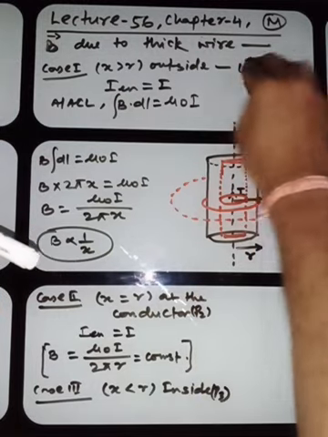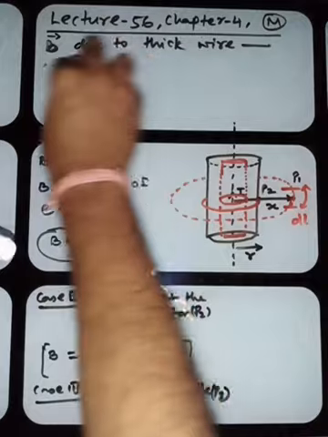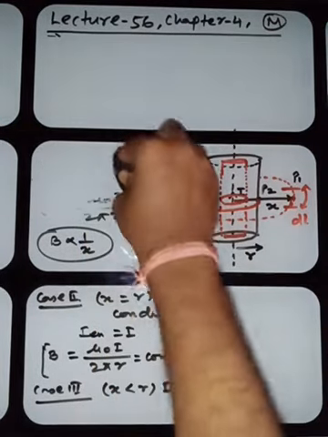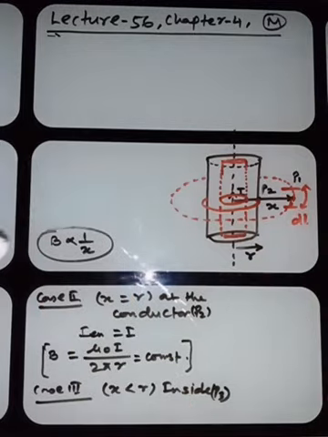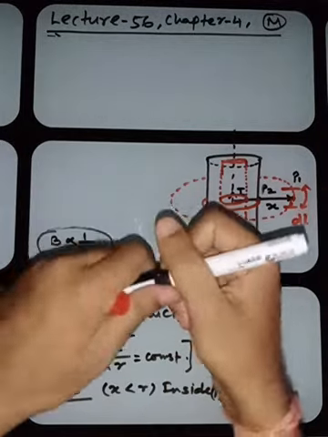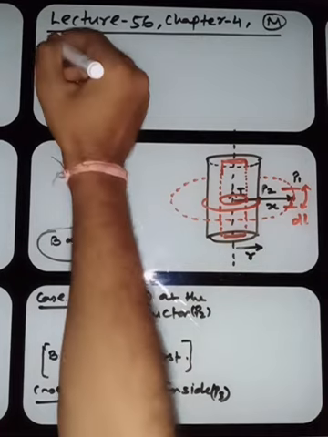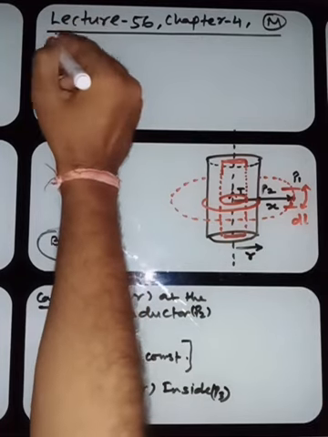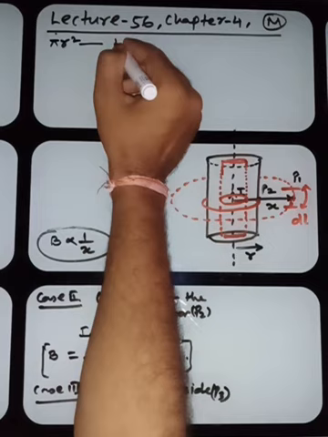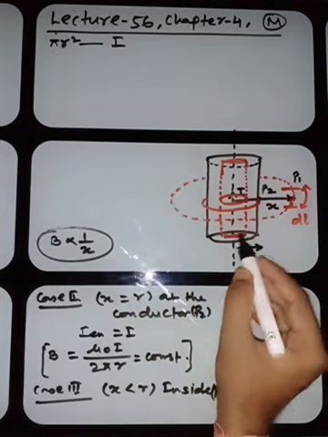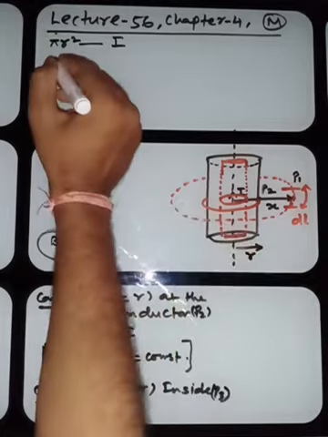Let me find out the current first. Since the current is uniformly flowing through the area pi r square, the total current was I. So from this area we have to find the current through pi x square.